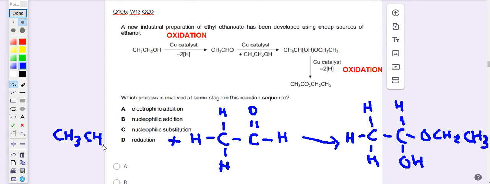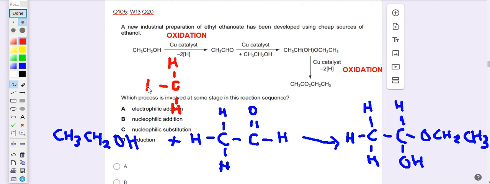You might find this reaction very strange. You're not familiar with it, but actually it is very similar to the reaction between carbonyl compounds with HCN. Now let me draw another equation to show you how similar they are.